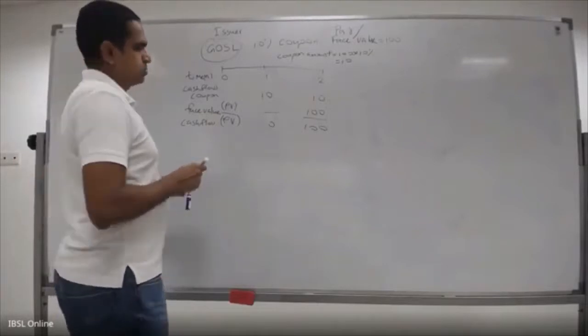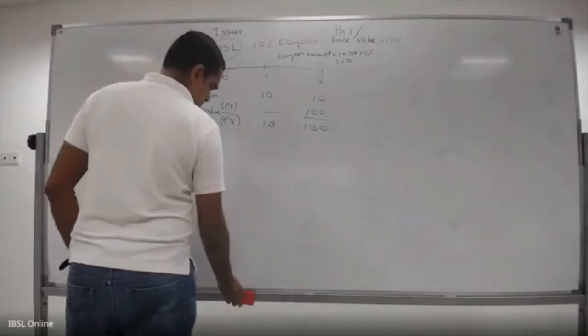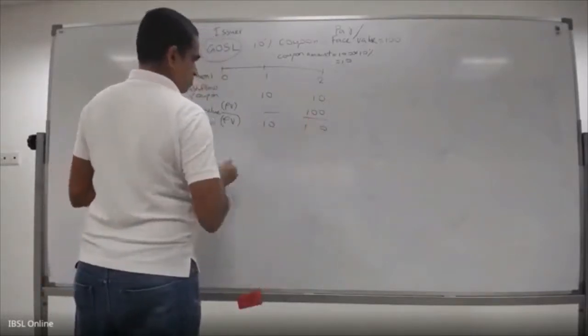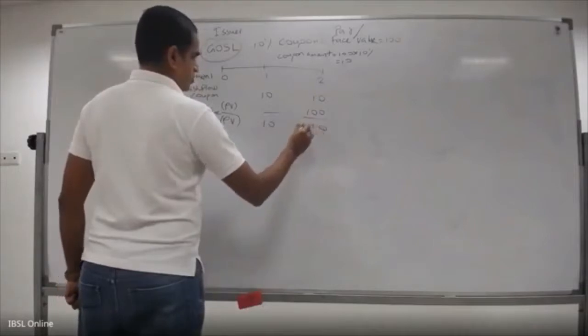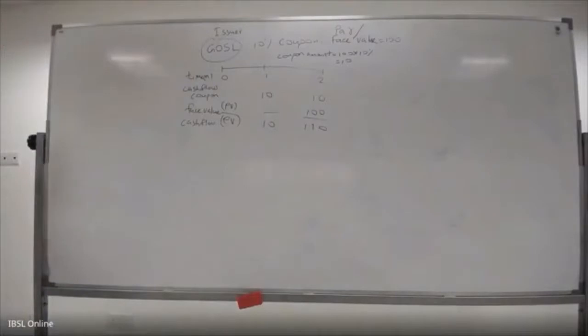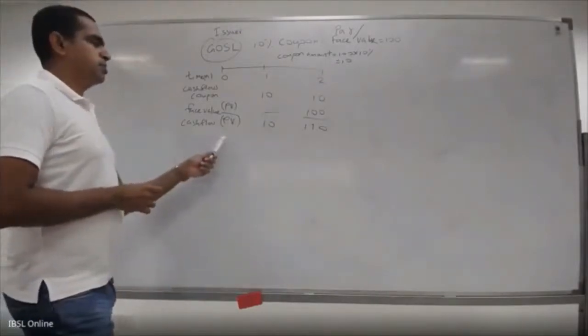Meaning your total cash flow will be 10 the first year, second year 110. This is your investment. First year you get 10, second year 110.